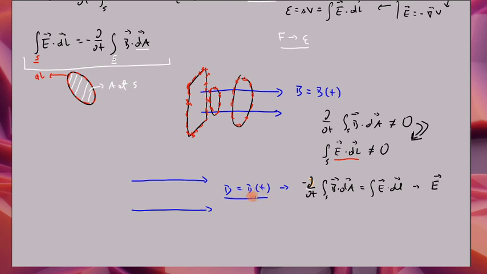So if your magnetic field is changing in time, then through this equation you end up with an electric field present. There's Lenz's law that you could use to figure out the direction of this electric field.